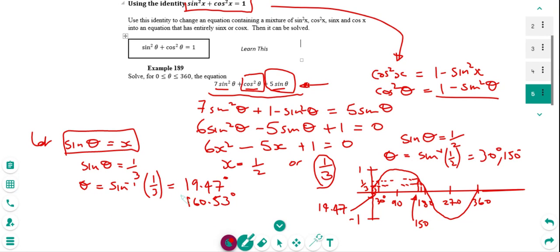So combining all our answers together, we've got 30, we've got 19.47, we've got 150, and we have 160.53. And that's it.